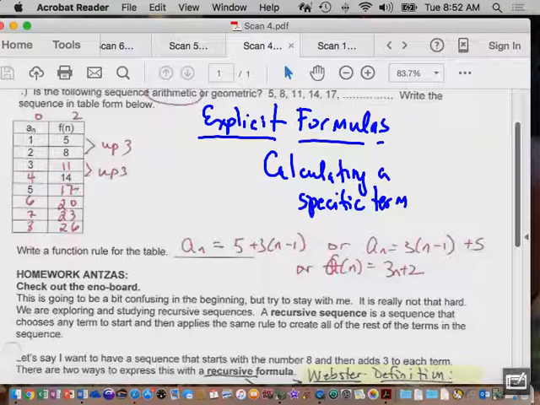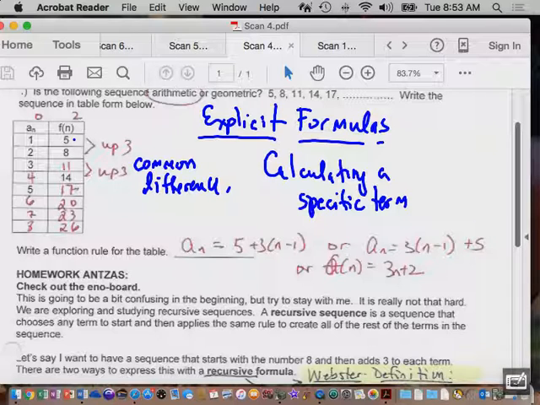And we learned when we looked at this yesterday, we said, okay, look, if I look at my sequence here, I'm going up by 3 every time, so that is the common difference. And then we said, okay, that means I have to multiply by 3 to go up each term. And then what I'm also going to do is start with the first term. So starting with 5, I add 3 times n minus 1.